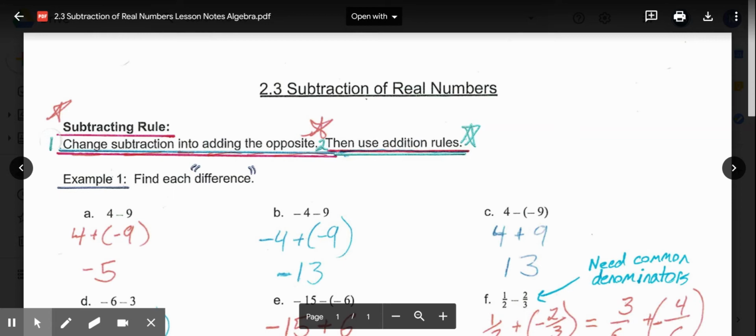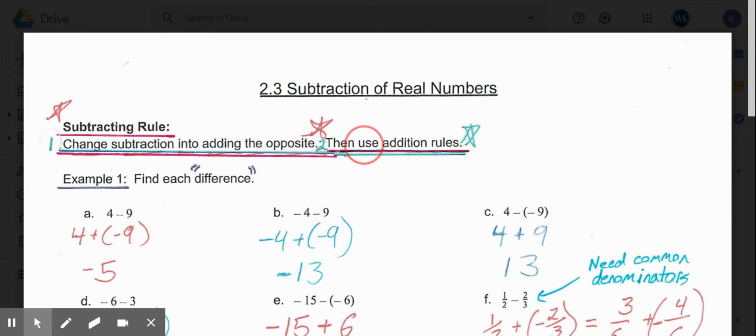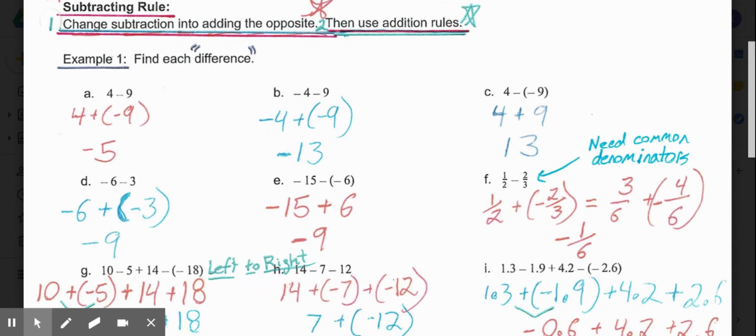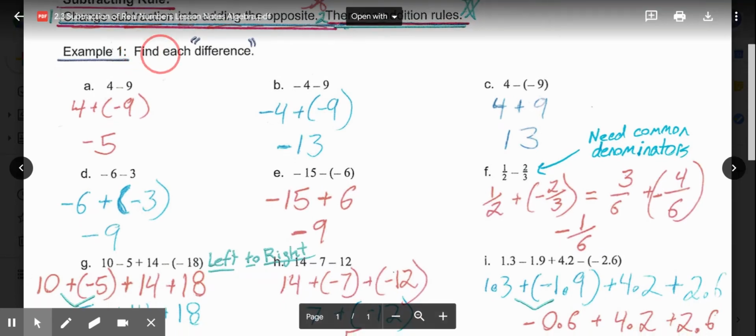And then once we've changed subtraction into adding the opposite, we simply follow our addition rules from our last lesson. So example 1, we have quite a few parts, but it simply asks us to find each difference. And remember, the word difference is the answer to a subtraction problem.